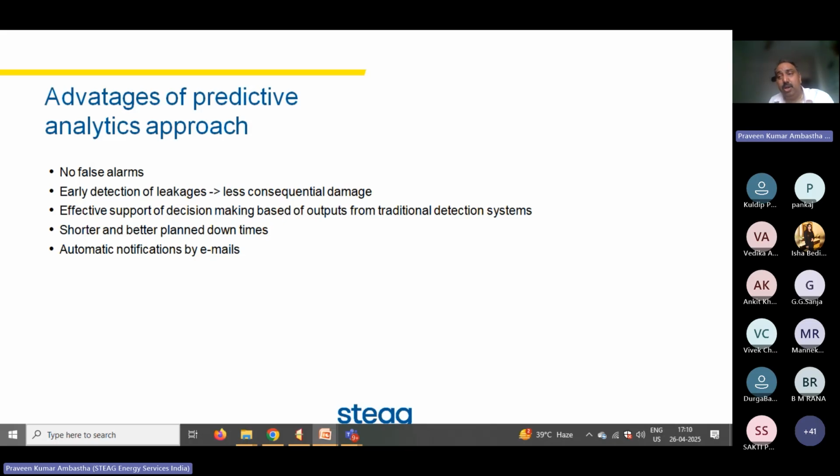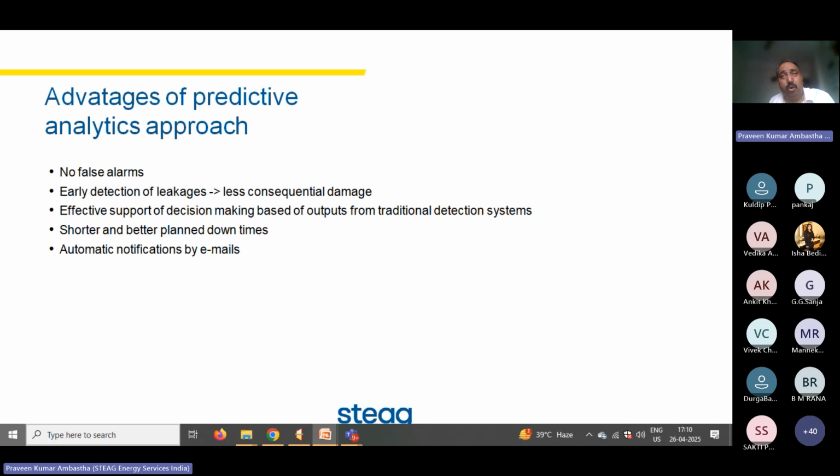You can take the decision manually based on your experience, or you can take the decision from technology. And you will get the notification without going to the boiler.